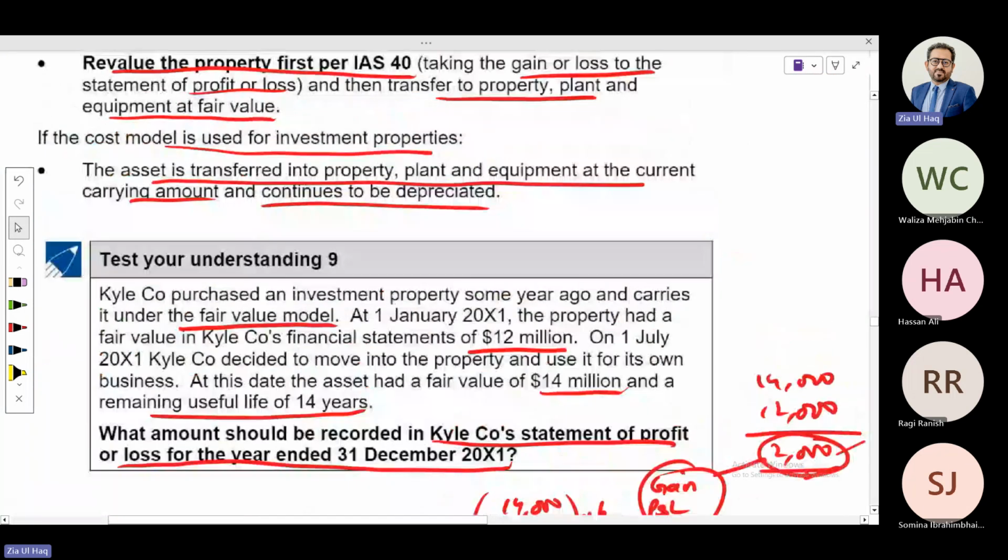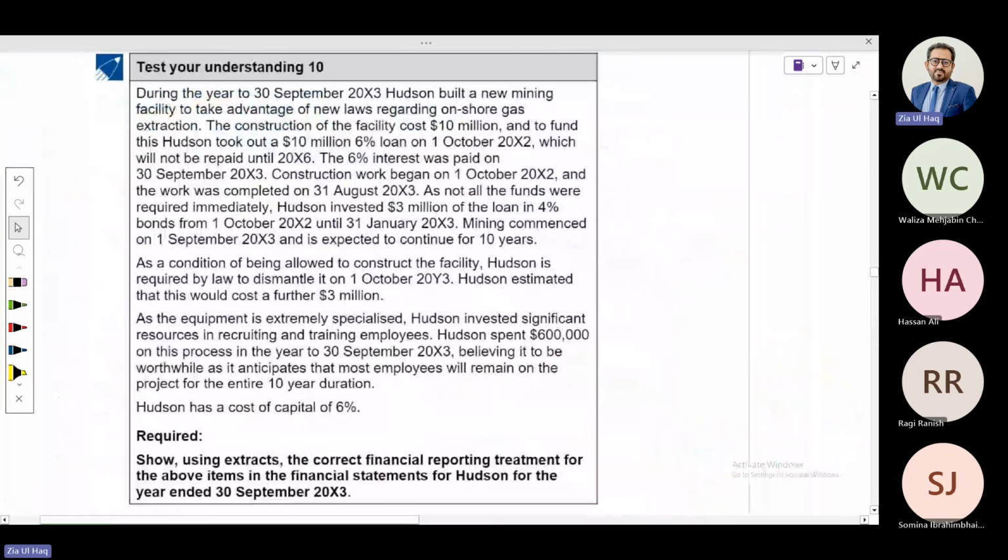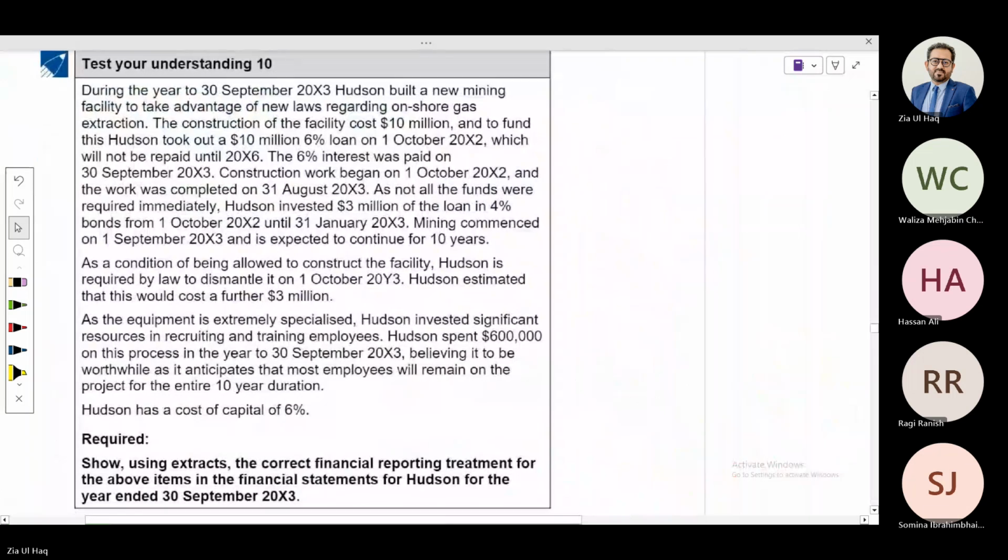Chapter almost ended. Now move towards this test your understanding tab. Can you please try this question by yourself? Everybody, please try this question by yourself.